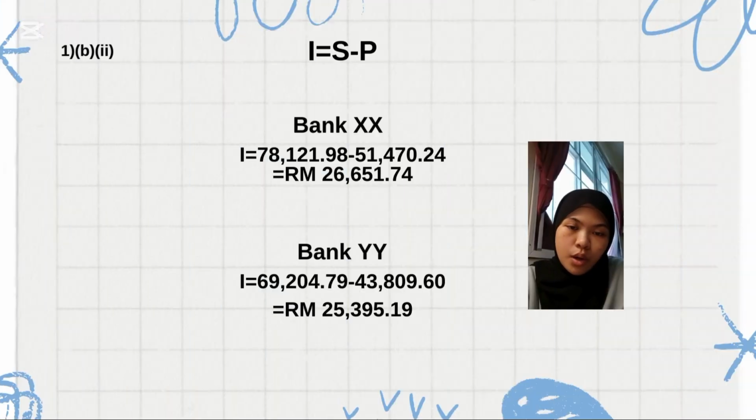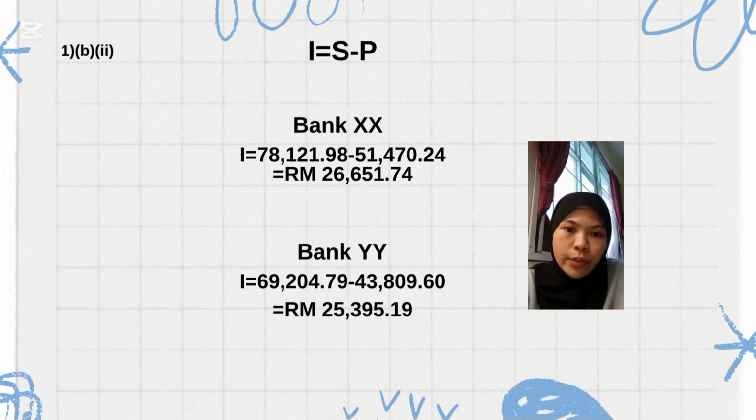Lastly, 1B Roman 2. So here the formula that we use in this question is I equals S minus P. For bank XX, I equals 78,121.98 minus 51,470.24, and the answer is RM 26,651 ringgit 74 cents.